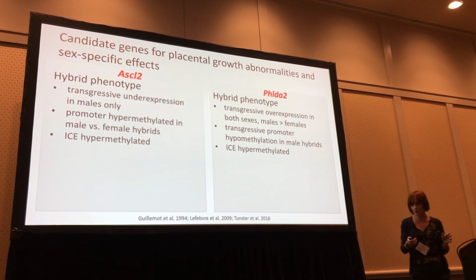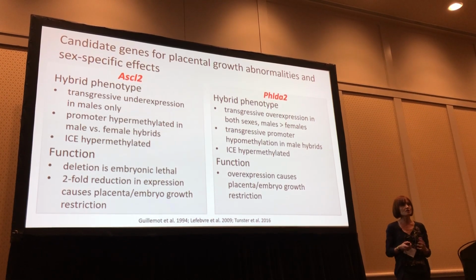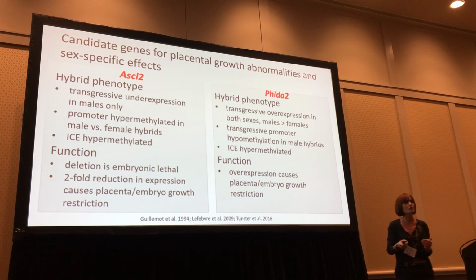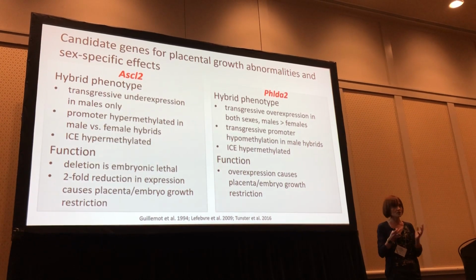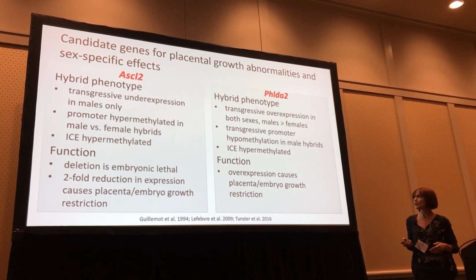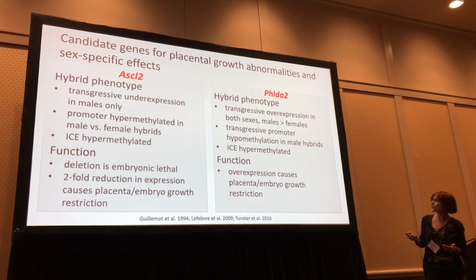I'm just going to give you the short version of all this. If you knock out ASCL2, it's embryonic lethal. If you reduce the expression of ASCL2 twofold, you get basically the same general phenotype that we see in our cross. And in our cross, the expression is reduced. Same is true for FILDA2.